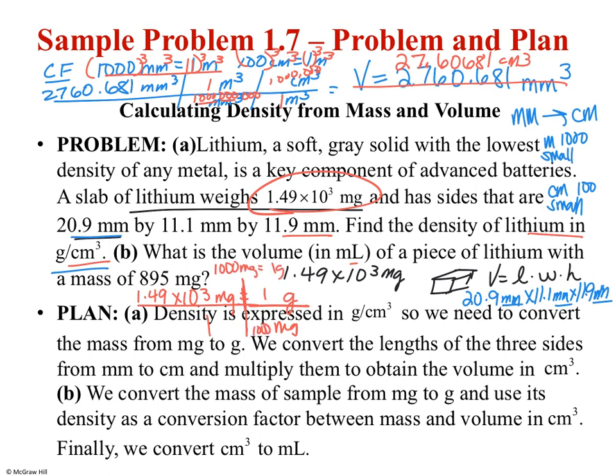So now we're going to divide 1490 by 1,000, so that's 1.49 gram.